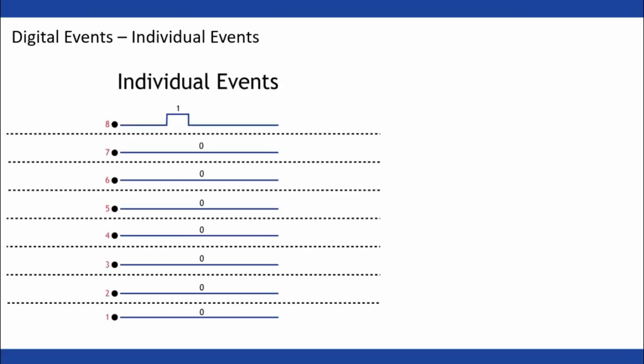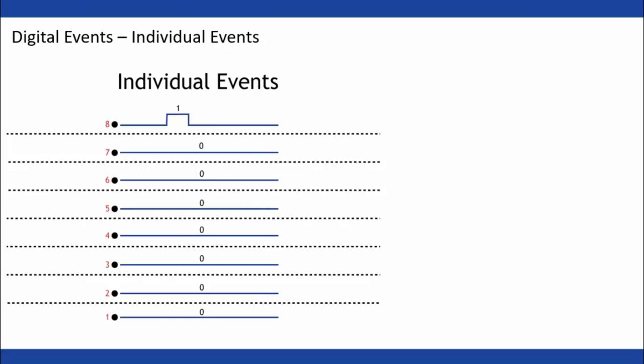Okay, now we're going to talk about the other event mode that's available in BioLab for digital events, and that's called individual events. Now, we're going to look at the same representation of the port, but you'll notice the dotted lines between each of the digital lines. And that's because in individual mode, BioLab is going to look at each line individually as opposed to together.